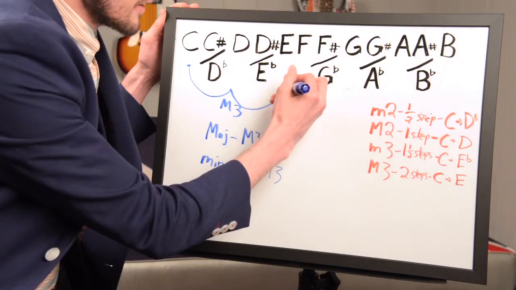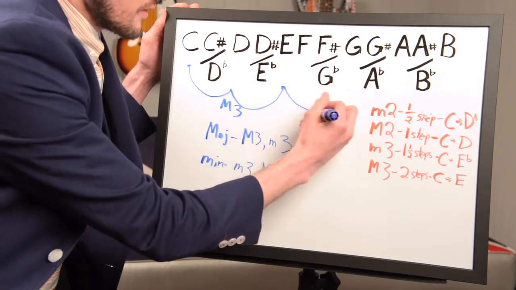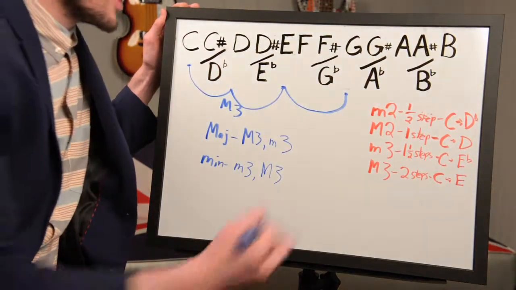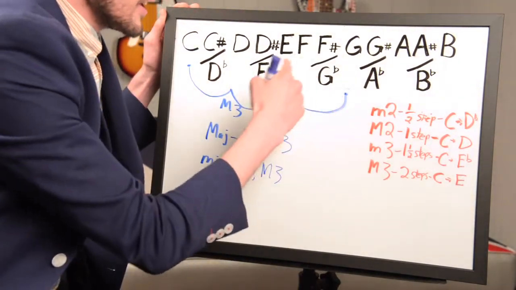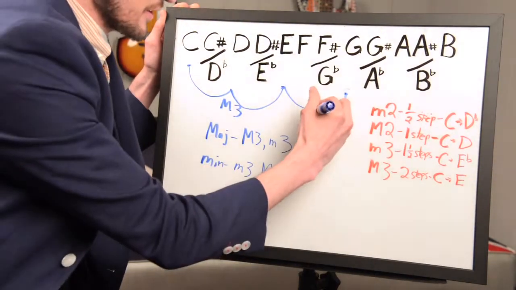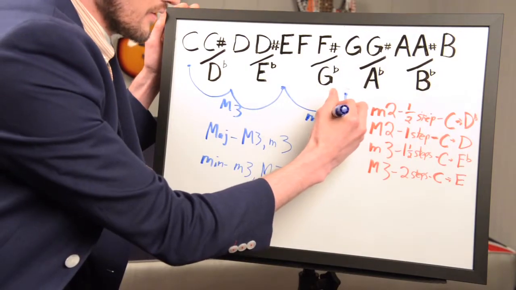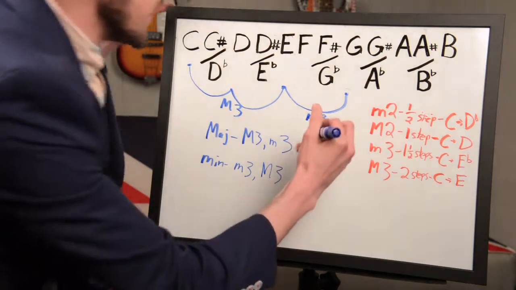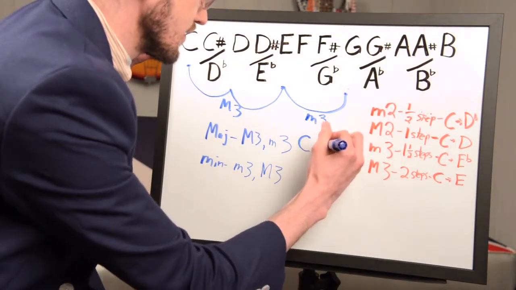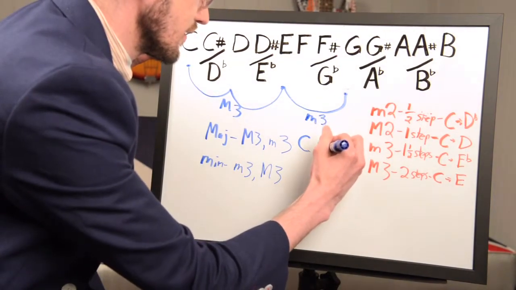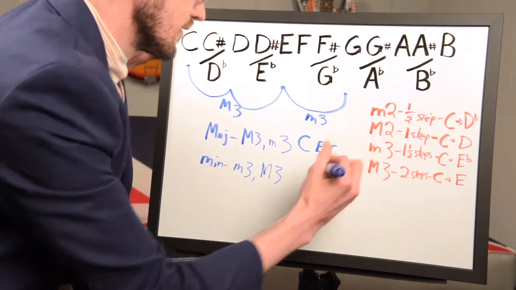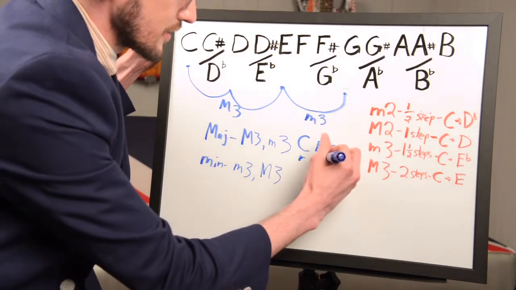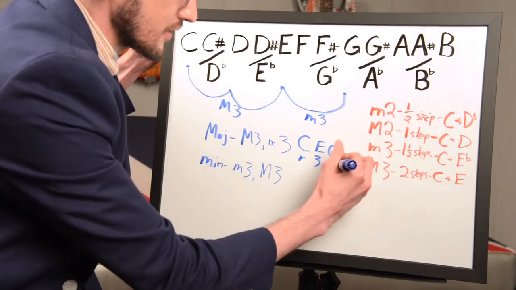So E, a step and a half, or a minor third, would be G. So E to G is a minor third. So our C major chord would be C, E, G. And we can also call that our root, our third, and our fifth.